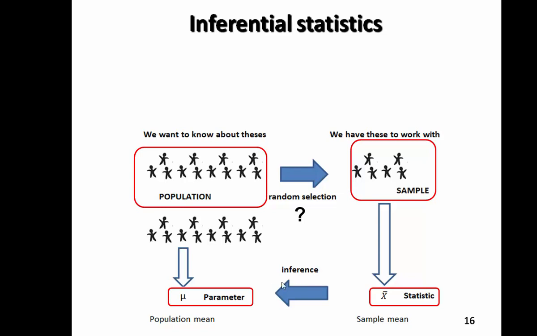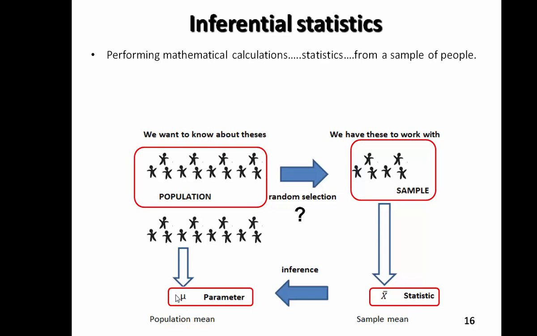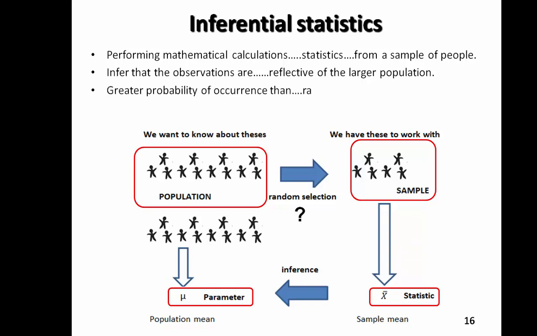We would then infer that this sample statistic is representative of the population average, or the population mean. And so we perform these mathematical calculations, we generate statistics from a sample of people, and we infer that our direct observations on the sample statistics are in fact reflective of the larger population.